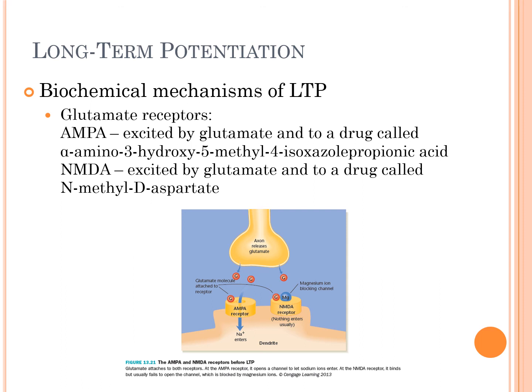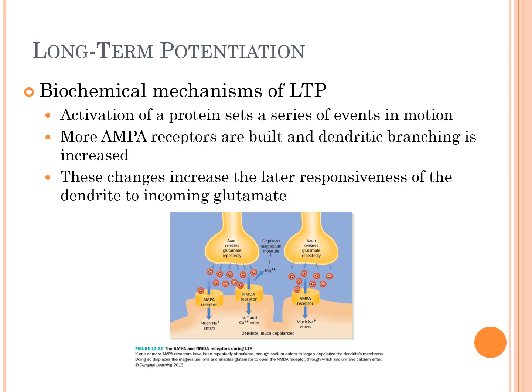So right now we're just allowing in sodium through the AMPA receptor. As we get enough activation of the AMPA receptors so that the cell is depolarized, okay, that magnesium pops out of the NMDA receptor because it's no longer attracted to the negative polarity, because it's no longer negative, and glutamate can activate the NMDA receptor.